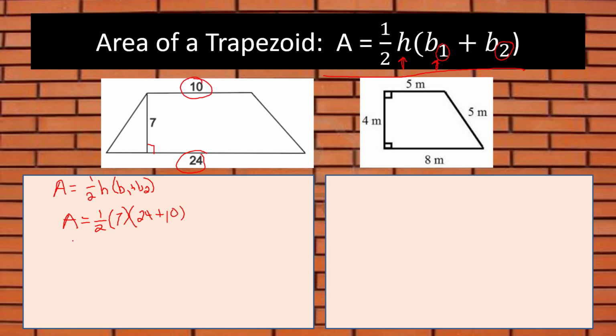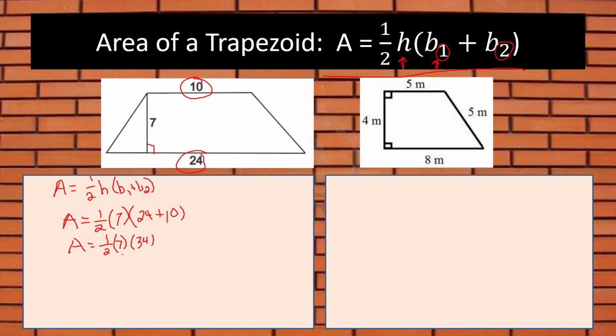Let's clean this up a little bit. Area is equal to 1/2. I'm not going to take 1/2 of 7 because that's going to give me a decimal, times 24 plus 10 is 34. Well, 34 is easy to take half of. That ends up with 17.